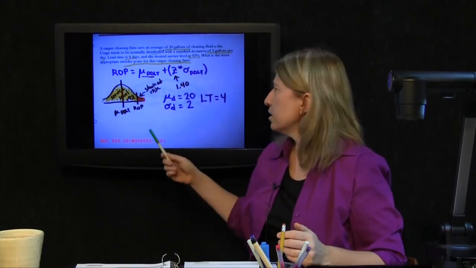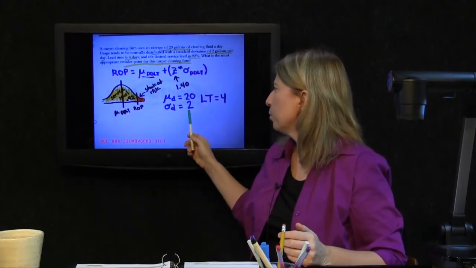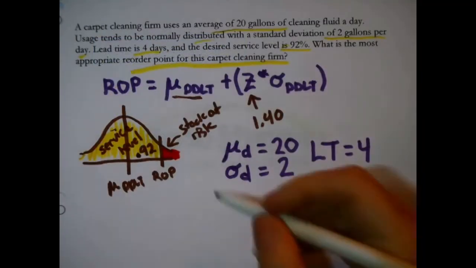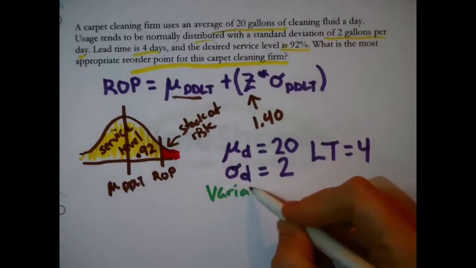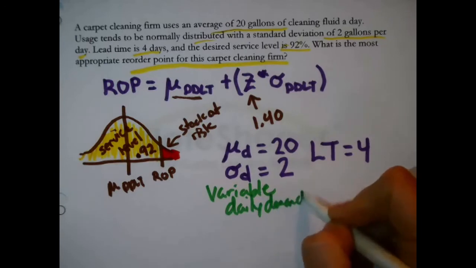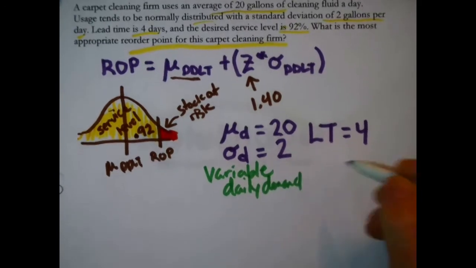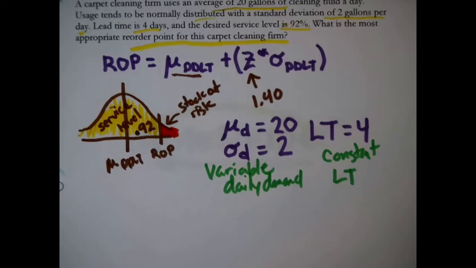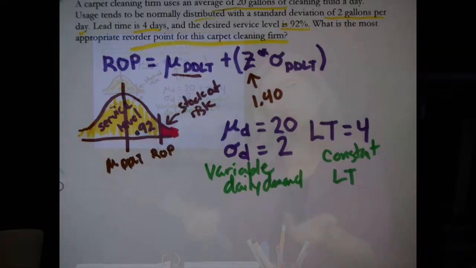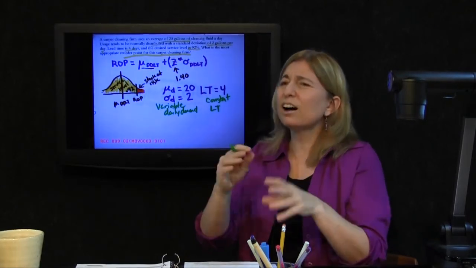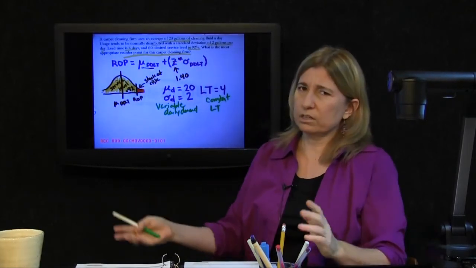In this case, it varies because there is variable daily demand, but a constant lead time. We don't know exactly how much will be needed each day, but lead time doesn't vary. It just said 4 days. The source of our uncertainty as to exactly how much we're going to need during lead time is because demand varies each day, not because the lead time varies in length.